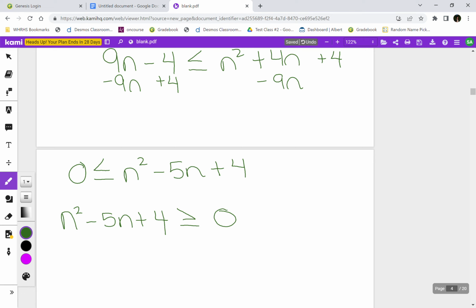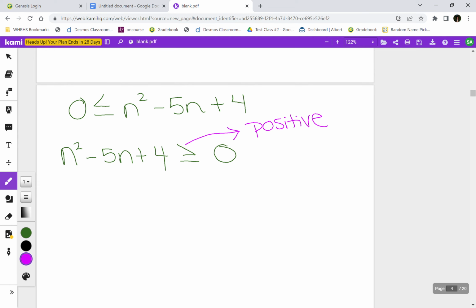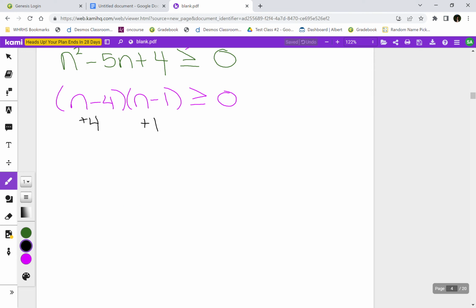So do we want the outcome to be positive or negative? Once again, we need it to be positive because it's greater than 0. And now we factor, easy peasy factoring. We get n minus 4, n minus 1, greater than or equal to 0. Our reference numbers are positive 4 and positive 1.